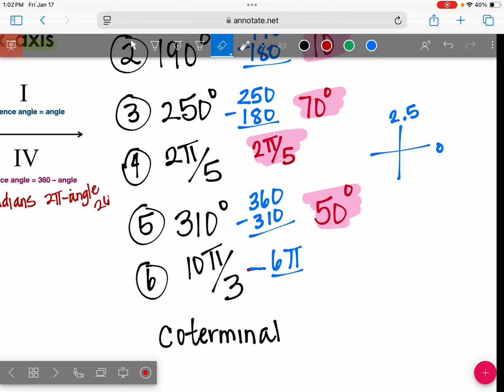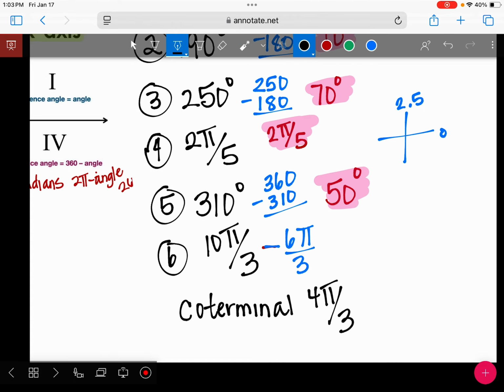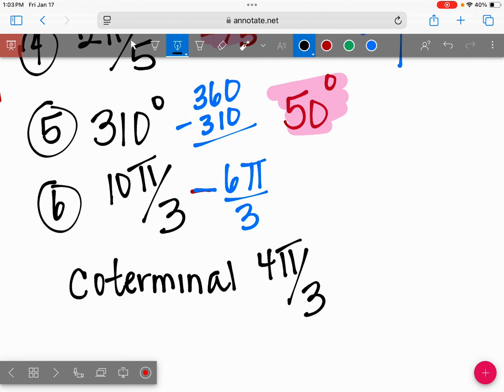Let me fix that. 6 pi over 3 is the same as 2 pi. So what's 10 minus 6? 4. So 4 pi over 3 and 10 pi over 3 are the same angle. That's a coterminal angle. So we're in quadrant 3.